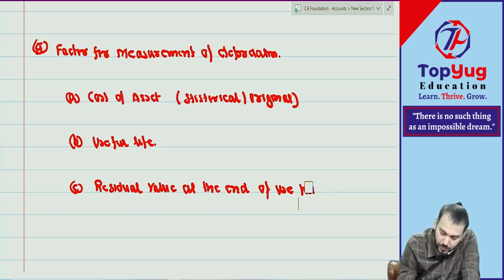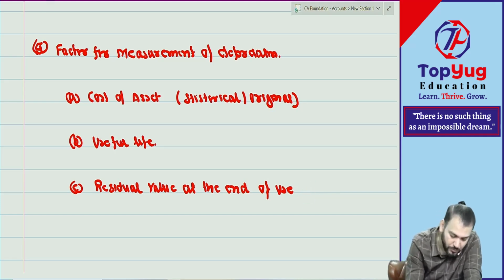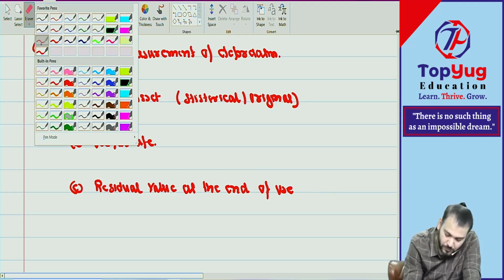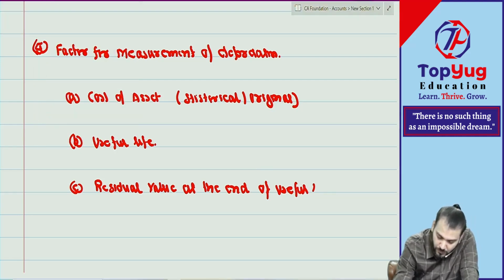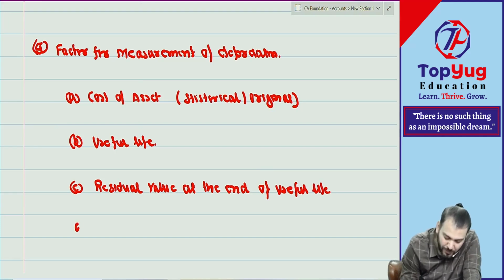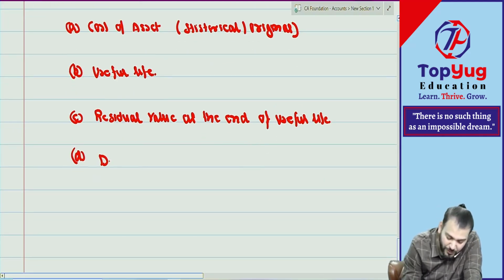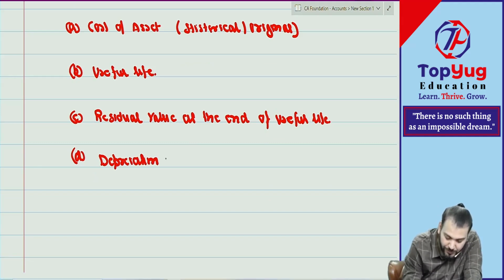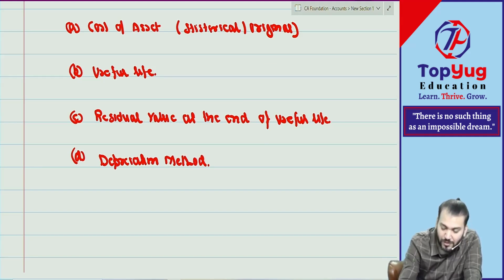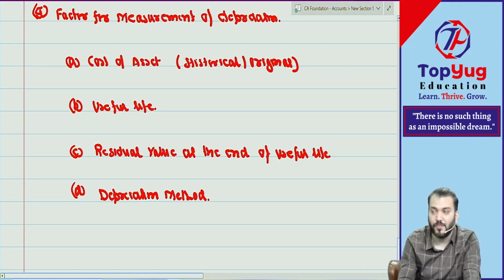Understood. And the last factor will be depreciation method. Which method are we using? Understood. So the entire calculation of depreciation will be based on these four factors.